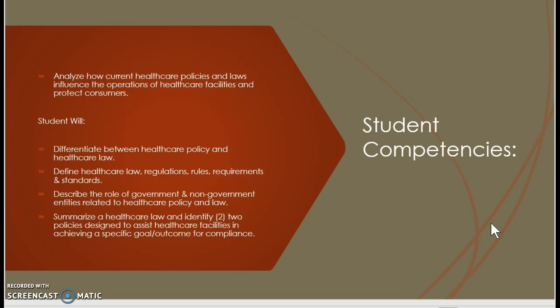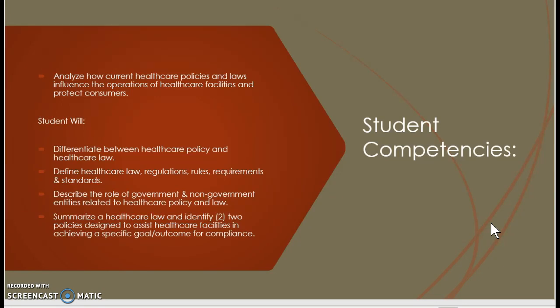So this week's student competencies are to analyze how current healthcare policies and laws influence the operations of healthcare facilities and protect consumers. We're going to differentiate between healthcare policy and healthcare law and define healthcare law regulations, rules, requirements, and standards. That is your first discussion.